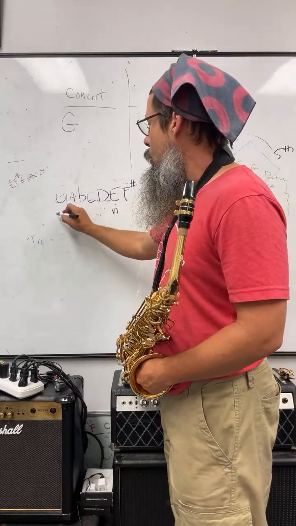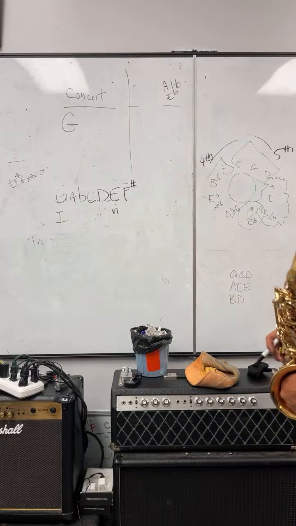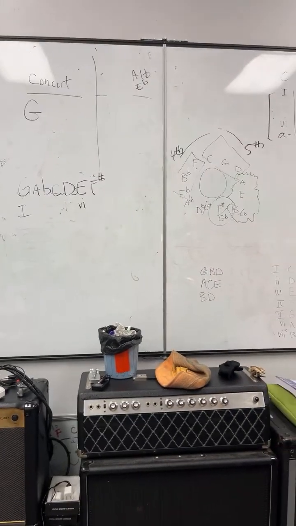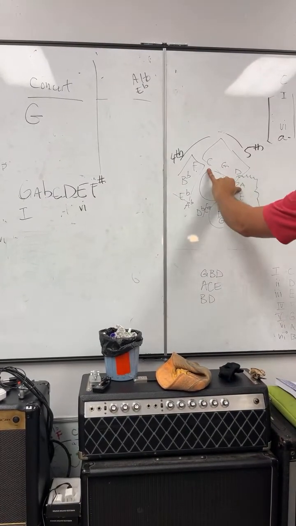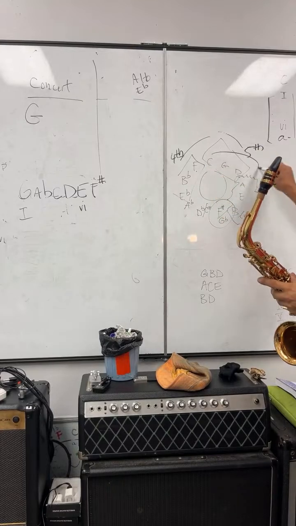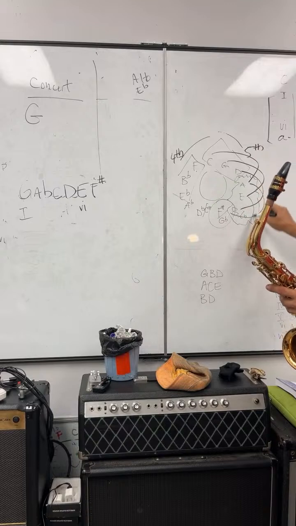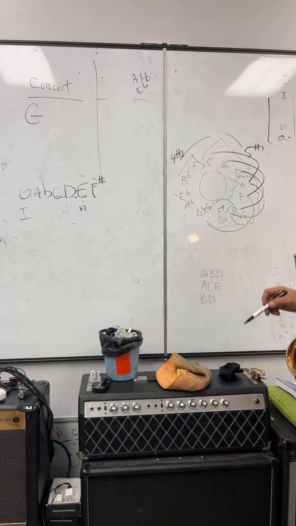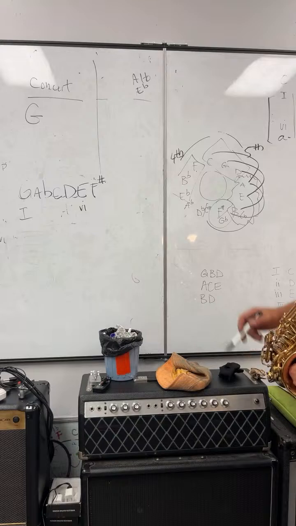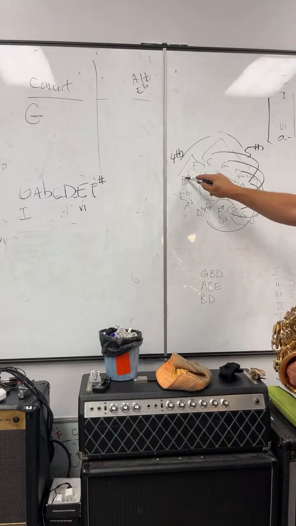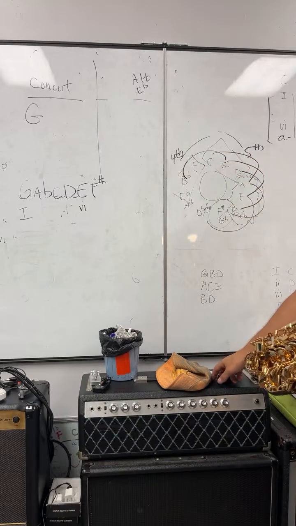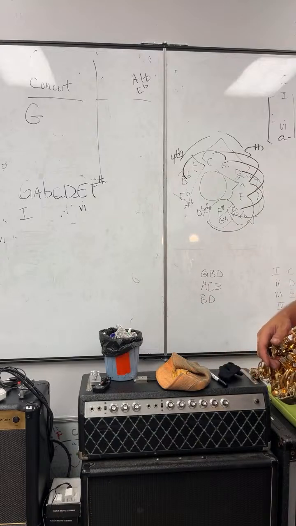Every key, the 1 to the 6, is the relative minor. So if we go over to the circle, C to A, relative minor. G to E, D to B, A to F sharp, E to C sharp. Do you see that? 4 notes away. B flat to G. So when you're playing in the key of B flat major on guitar, the relative minor is G minor.